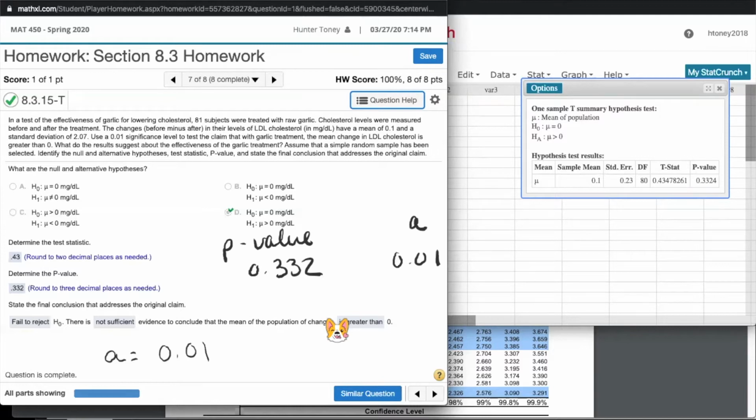So clearly our p-value is greater, and when our p-value is greater, we fail to reject our null hypothesis, and that's telling us that there is not sufficient evidence to conclude that the mean of the population of changes is greater than 0. So that didn't show significant evidence that the mean change is greater than 0. And that's just how we phrase our final portion.